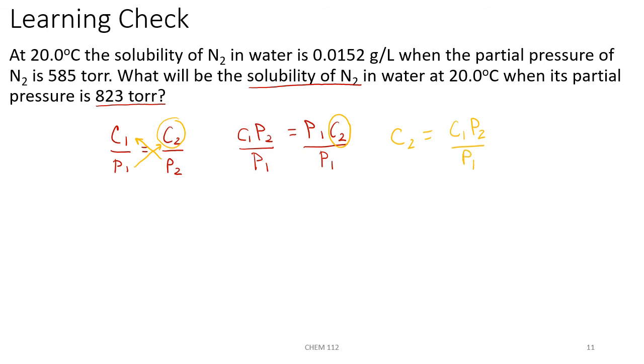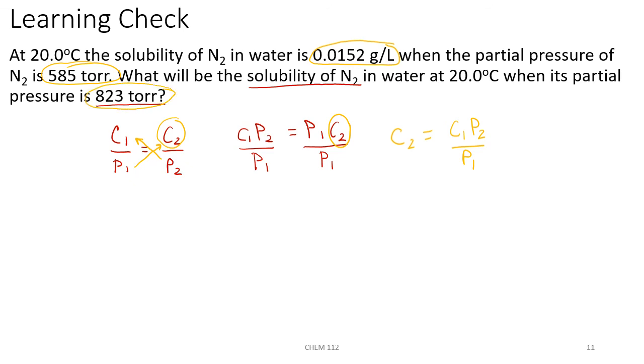And then looking at our problem, C1 is going to be our first solubility or concentration, 0.0152 grams per liter. And pressure at C1 will be 585 torr. Pressure number 2 is our 823 torr, which we're changing it to.